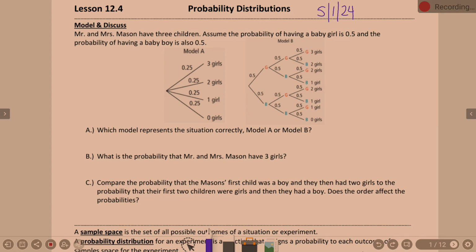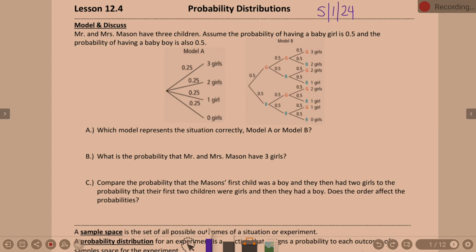Model A. Why? Because you had to throw something out there, right? Other thoughts?